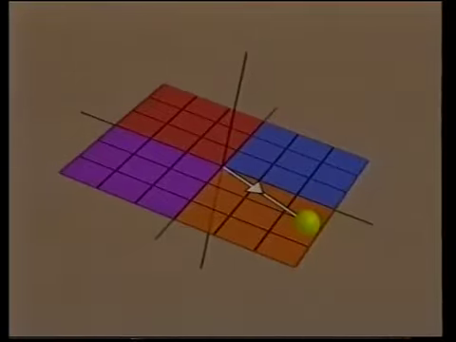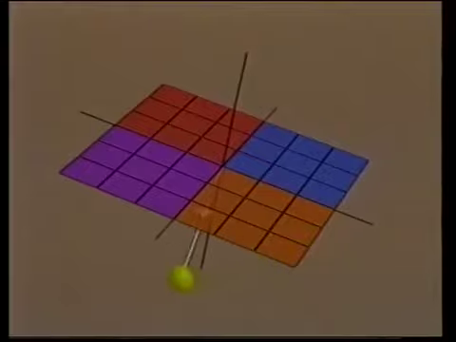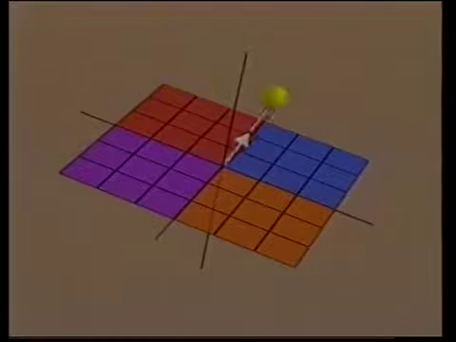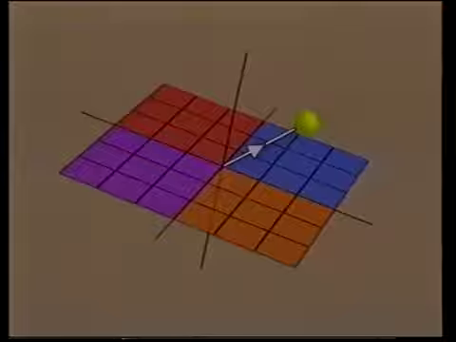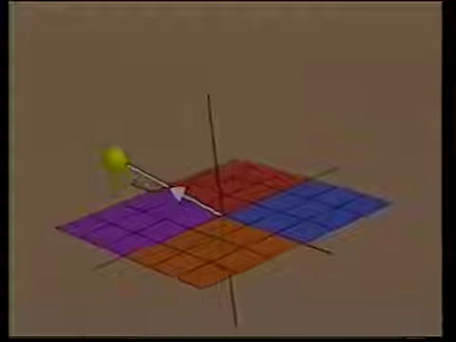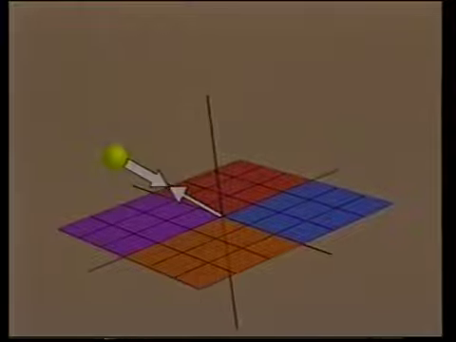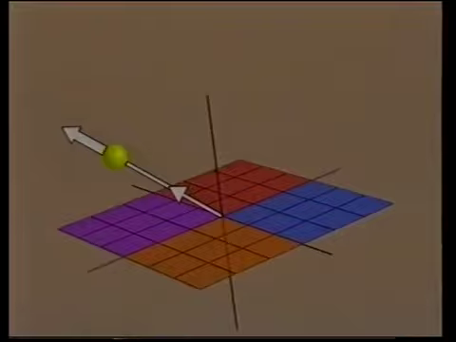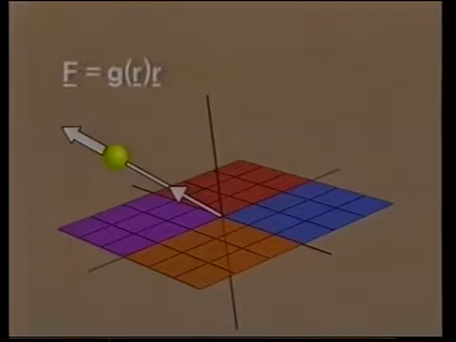So here, it could be directed this way, and here, it could point towards the origin. At any position, it can be either directed this way or this way. But the important thing is it's always directed along the line of the position vector. So I can write the force as g of r times r, where g is a scalar function which depends on position.